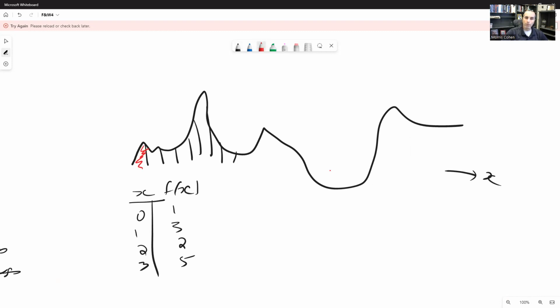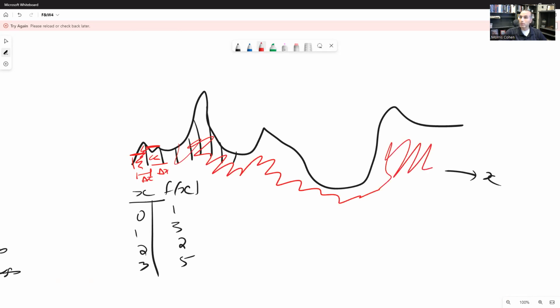So this piece we're going to approximate as being constant over this delta x, right? And then we have a new constant value here over this delta x. And we're just going to sum up those discrete contributions to get the total integral, or the area underneath this entire curve, which is an integral. So that's the way real world problems are done numerically.